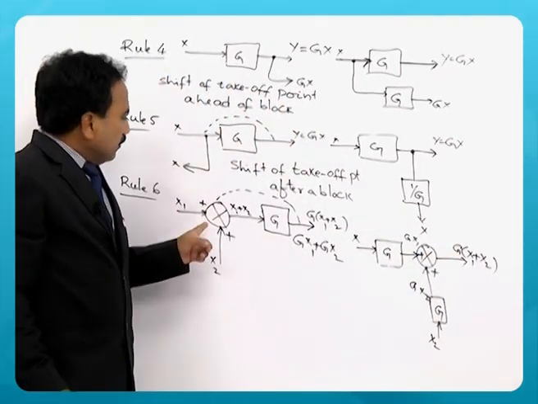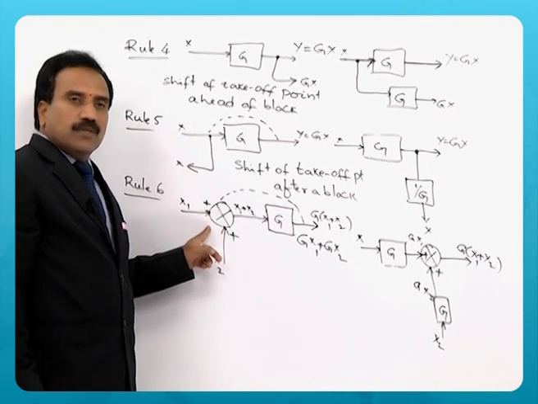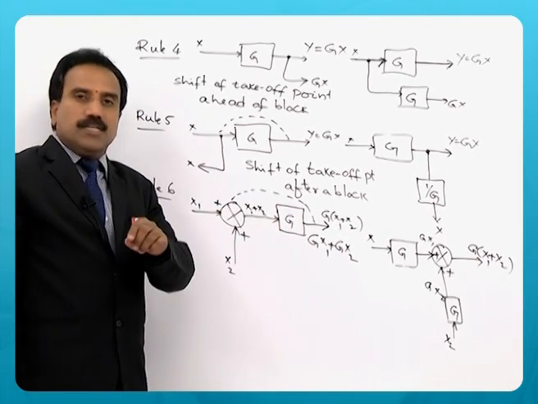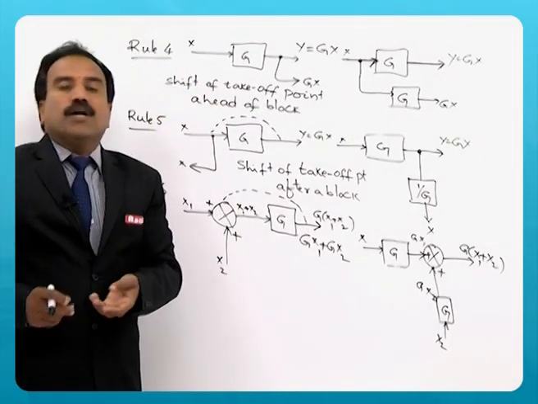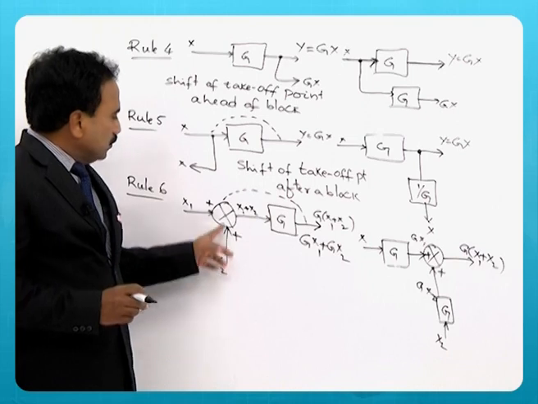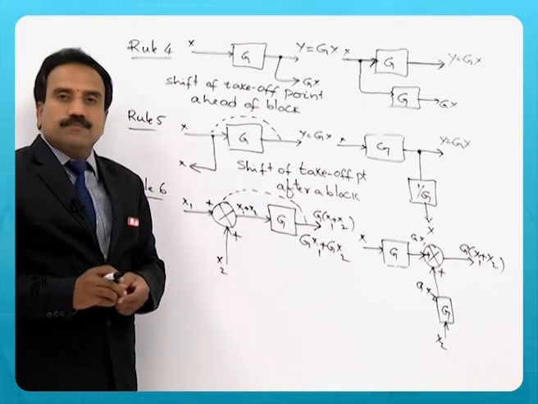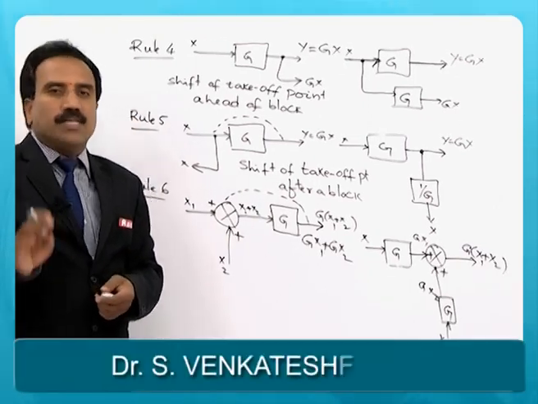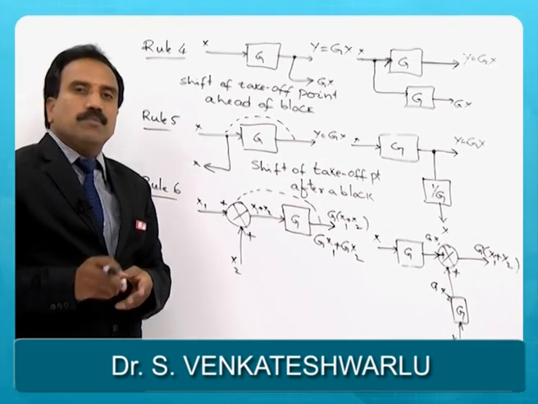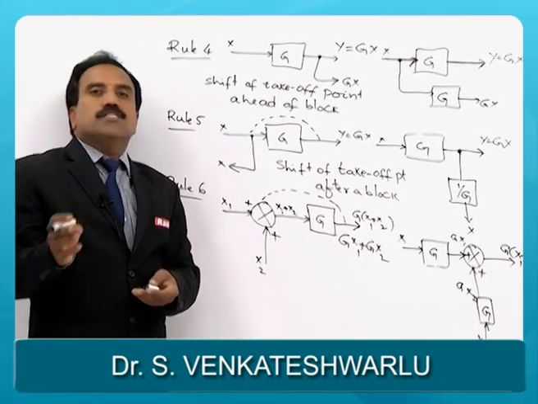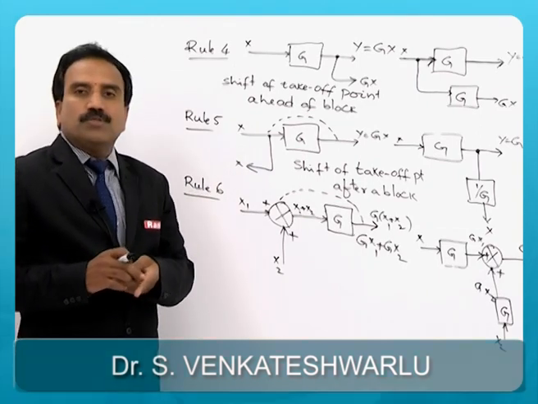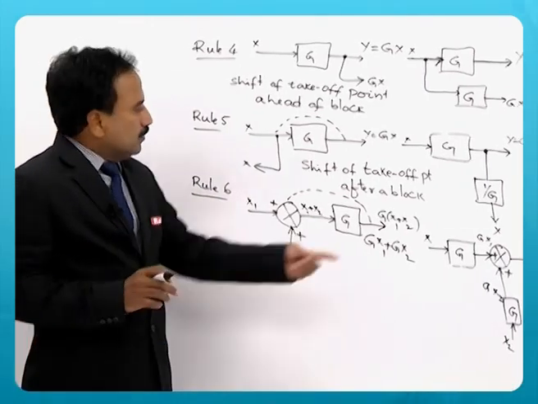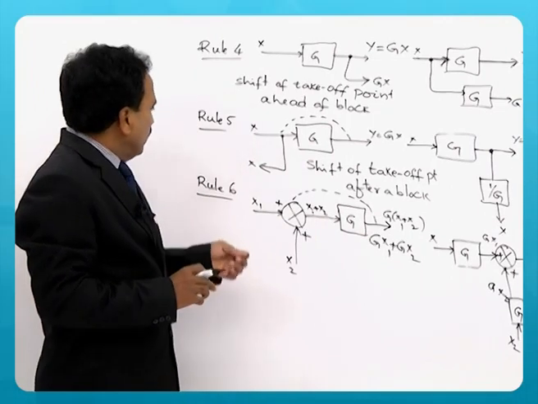So, shift of summing point after a block will result in addition of another block in the x2 path with g, so that the output should remain the same. This is very important to remember: whatever changes you make to simplify the given block diagram, the output should remain the same. So, addition of the block when rule 6.